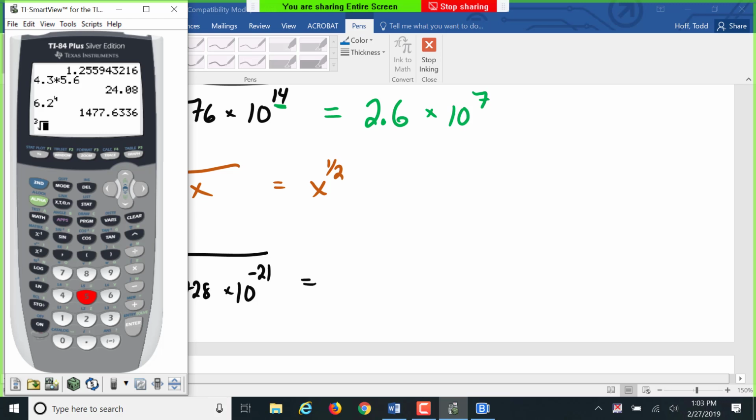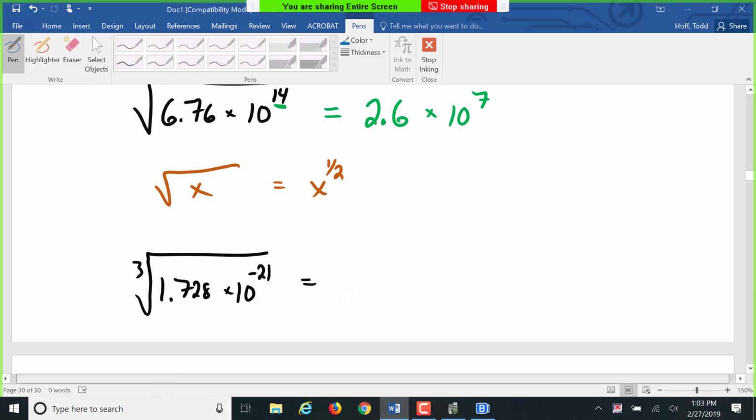And then I type in the 1.728. Should give me 1.2. And it does. Times 10 to the, perfect. When I did a square root, I divided by 2 on my power. When I did a cube root, I divided the power by 3. So the cube root of 10 to the negative 21 is 10 to the negative 7.